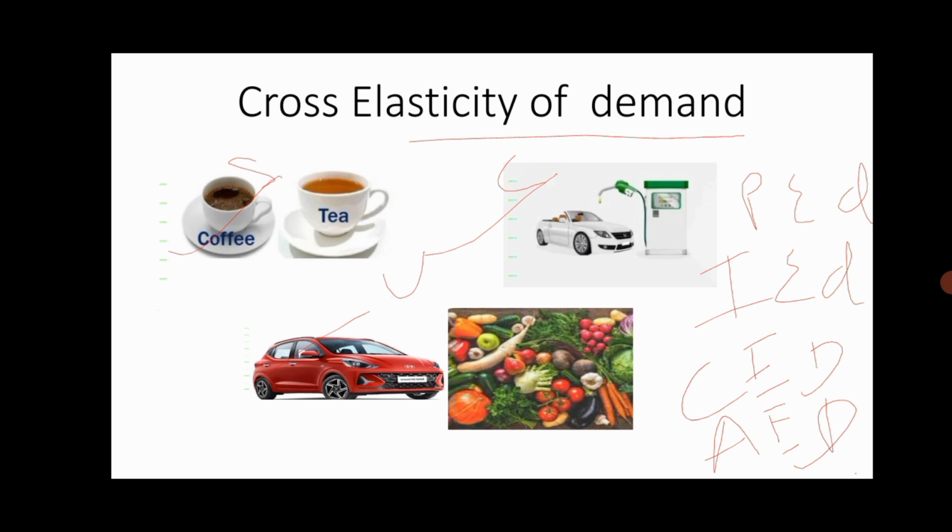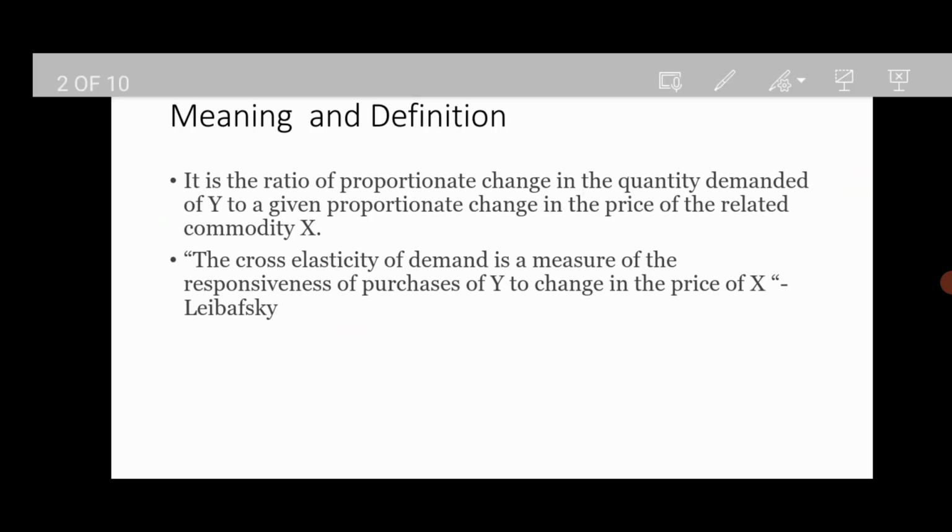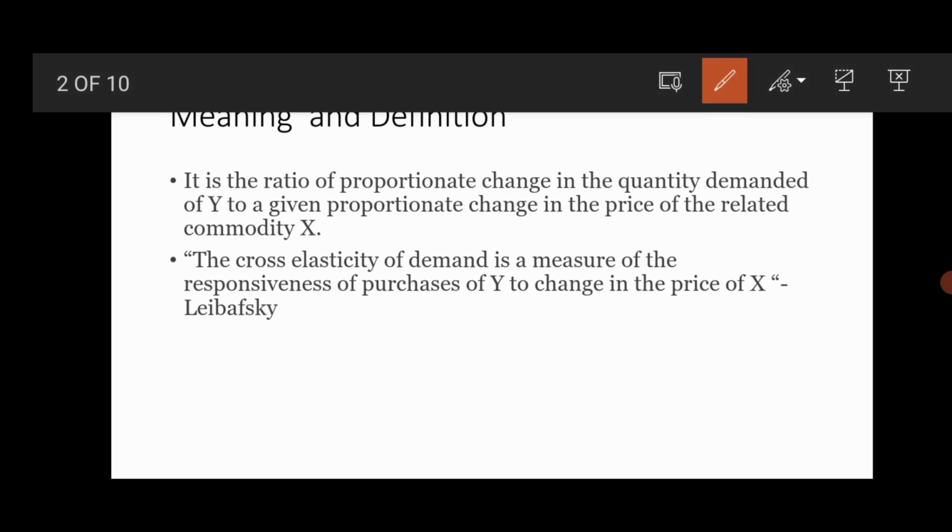Now first of all we will see what is cross elasticity of demand. Cross elasticity of demand is the ratio of proportionate change in the quantity demanded of Y to a given proportionate change in the price of related commodity X. When the price of commodity X changes, then the quantity demanded of commodity Y changes because these two goods are related.